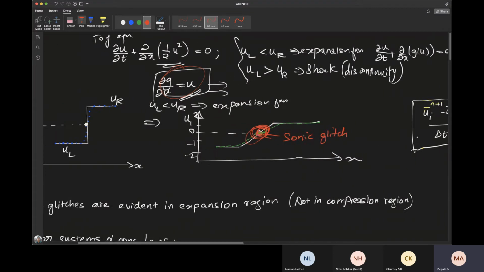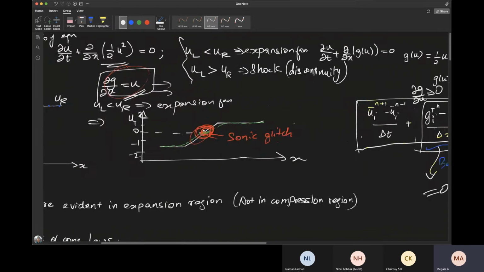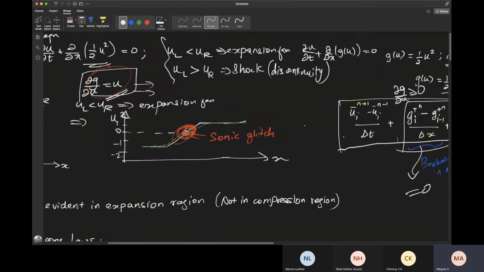This is evident only in the expansion fan, because you could also see the same issue in the compression region. When you have UL greater than UR, you'll only have a shock, and that will just keep moving. Suppose you have some point where your value of u is 0.